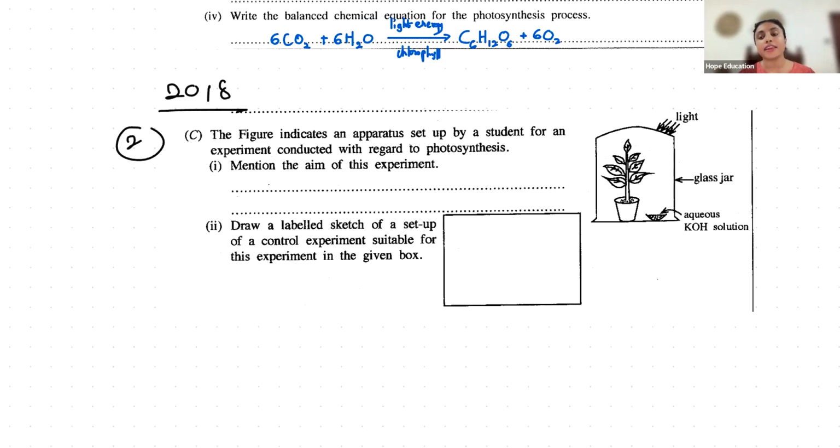KOH being there means the KOH absorbs the carbon dioxide. So the plant does not photosynthesize, because everything else is here. The plant has water, and there is light energy, and chlorophyll. This is a green plant, so chlorophyll is probably present. Then carbon dioxide is the factor, because of the KOH. So what would be the aim?